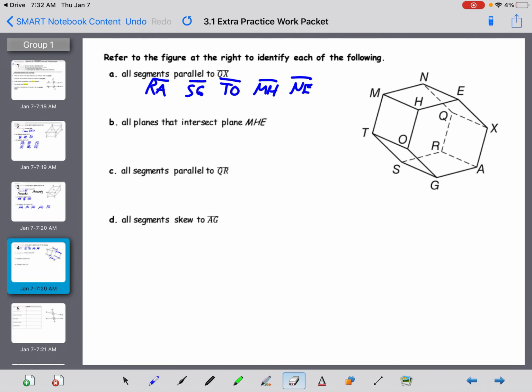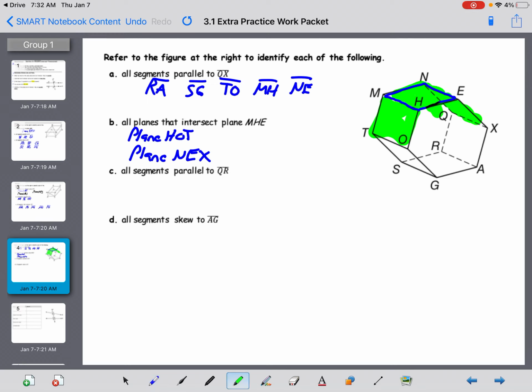All planes that intersect MHE, which is your top quadrant here. Okay, all the planes that intersect that would be plane HOT, plane NEX, right, because it's touching one of these sides.